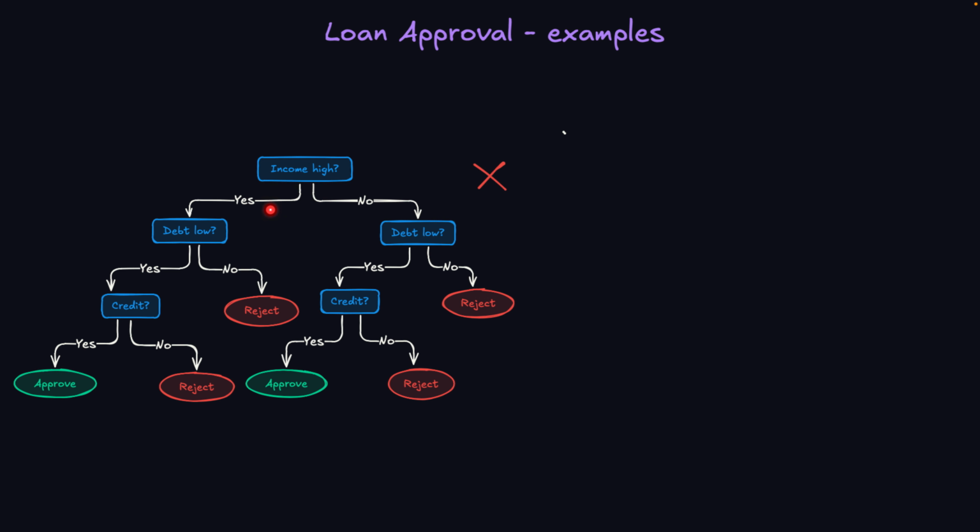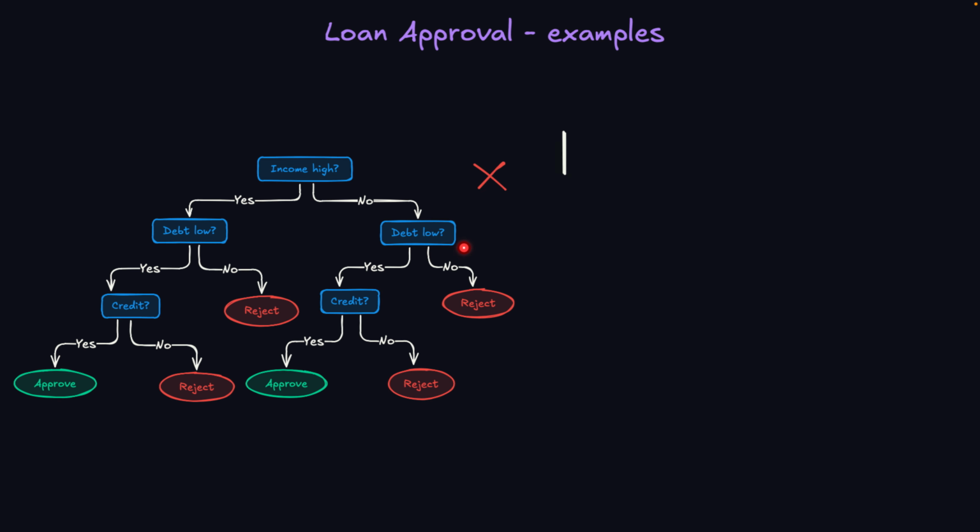Regardless of whether they have high income or not, the outcome is the same. We still have exactly the same branches below, right? So this is not a right question to ask, because this question hasn't eliminated any possibilities, and hasn't got us closer to the decision that we want to make. So this is a bad question.